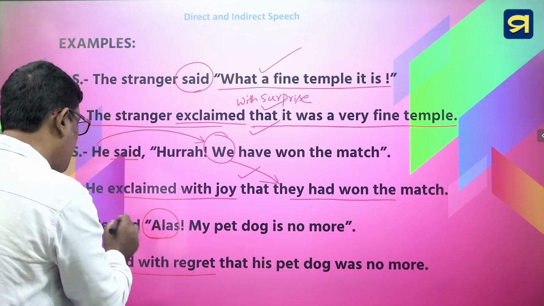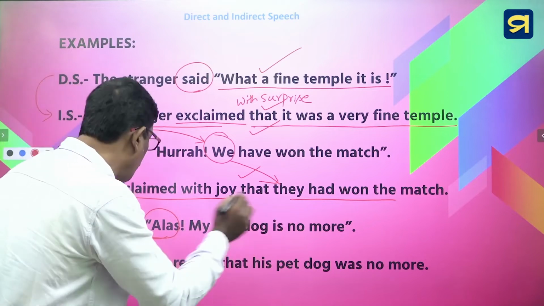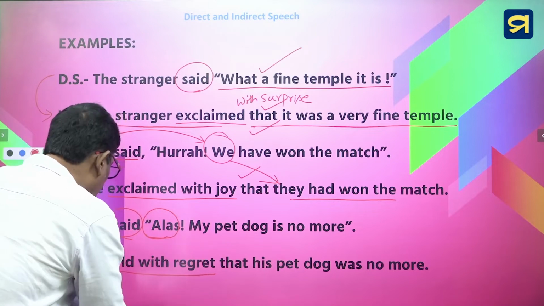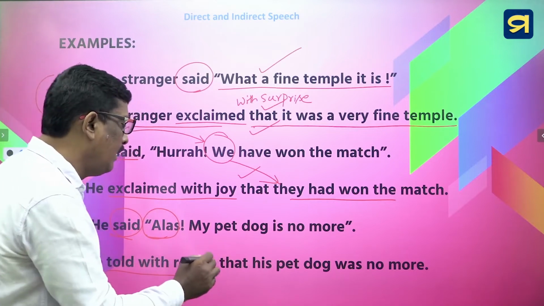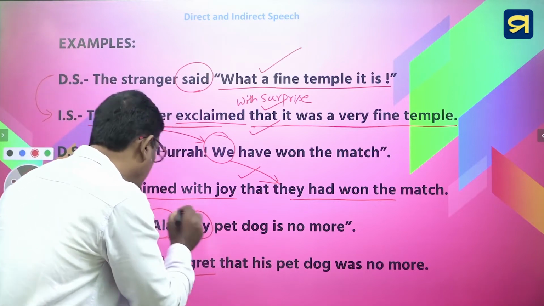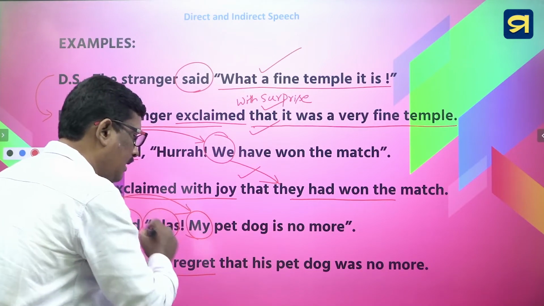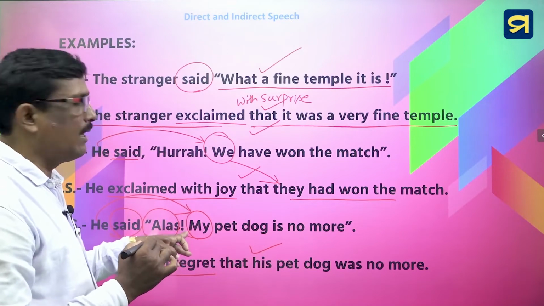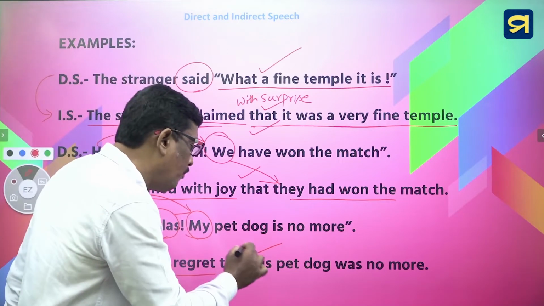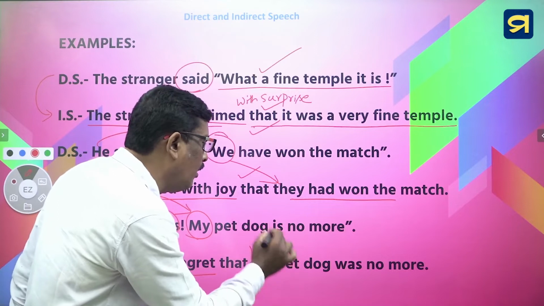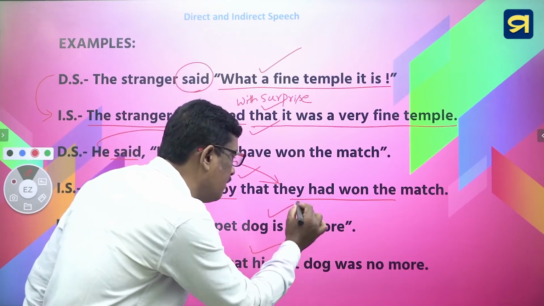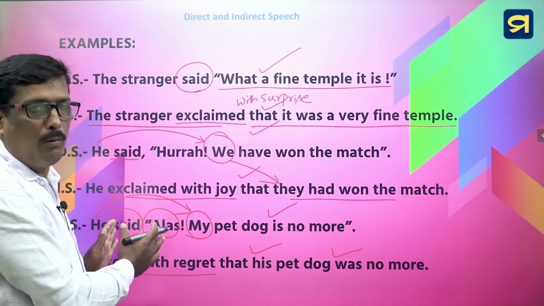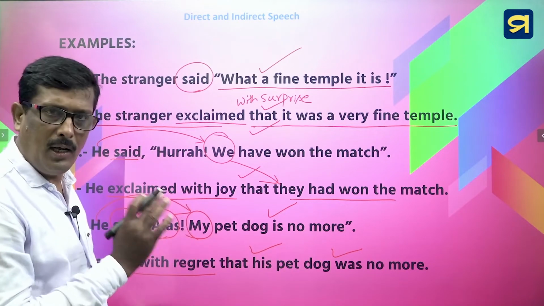He told with regret that, here my represents he, so we will use the possessive word his instead of my. My pet dog means his pet dog was no more. Here present simple will be changed into past simple because the reporting verb is in the past tense. Okay.